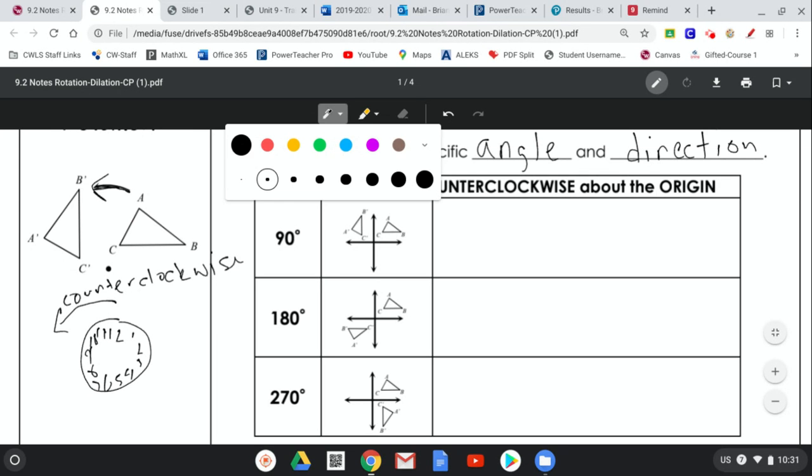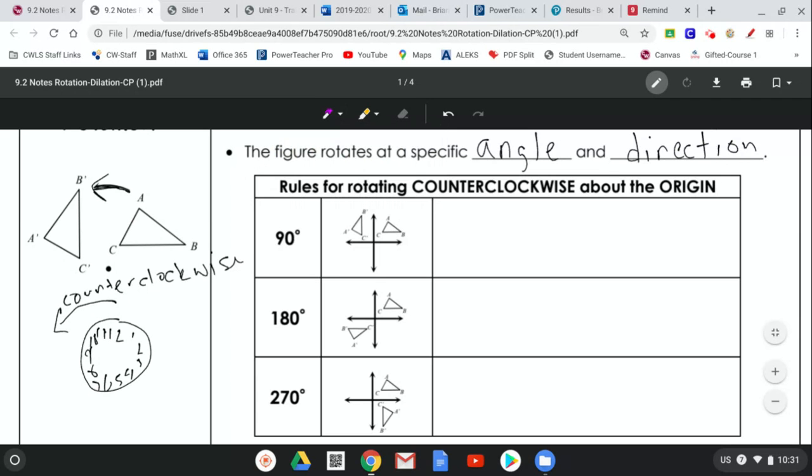Now, if we rotate the other way, we are going in a clockwise direction, just so we understand the difference between the two, okay? So think about a clock, think about which direction we are moving. Typically, I think for all the problems, they're going to be counterclockwise. They're going to be rotating to the left, if you want to think about it like that. Counterclockwise goes to the left. So think about a clock and going counterclockwise.